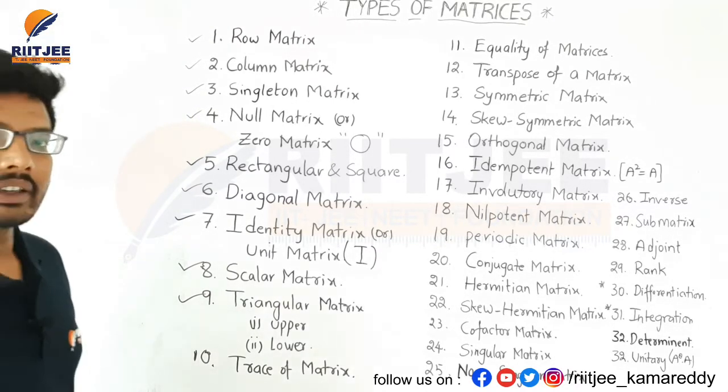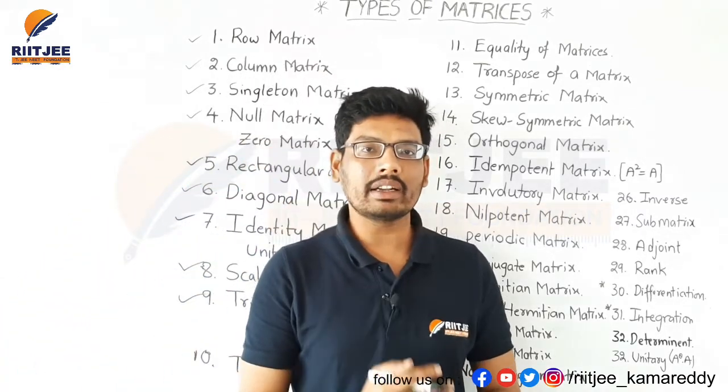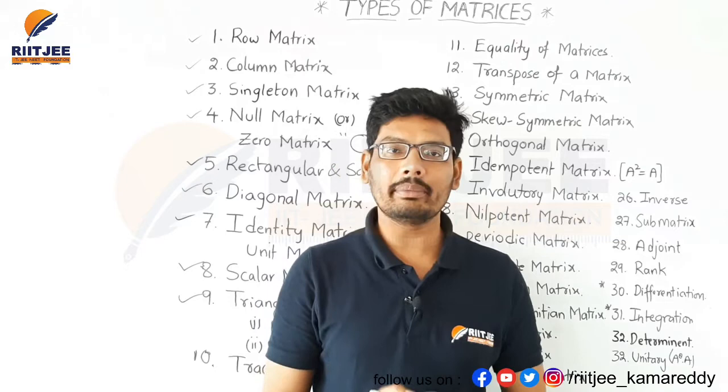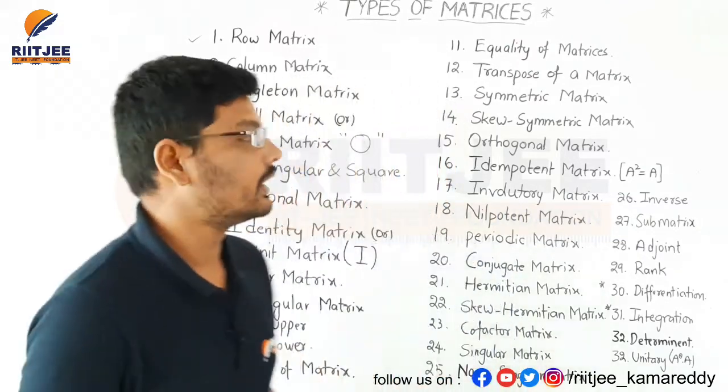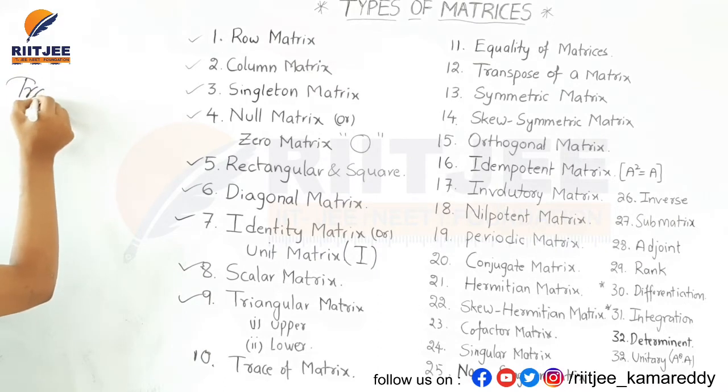Trace of a matrix. In a square matrix, the sum of the diagonal elements in a matrix is called the trace of a matrix. Let us see one example.